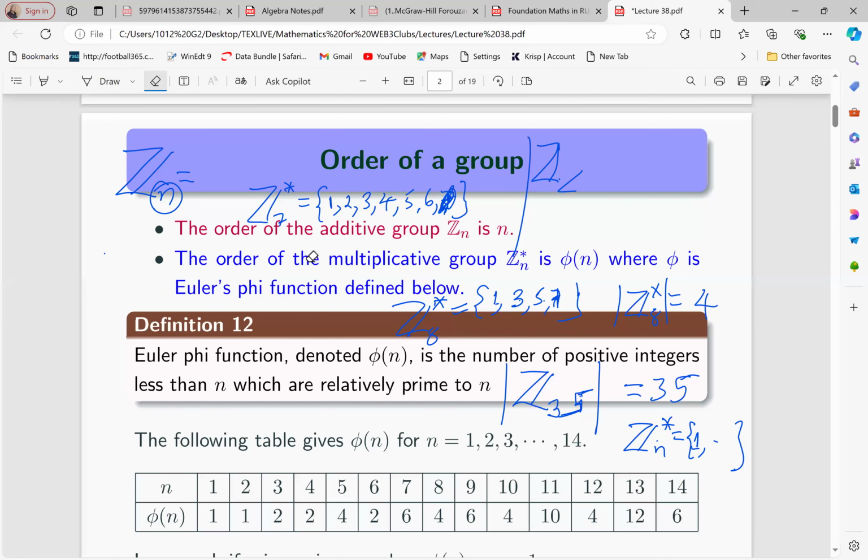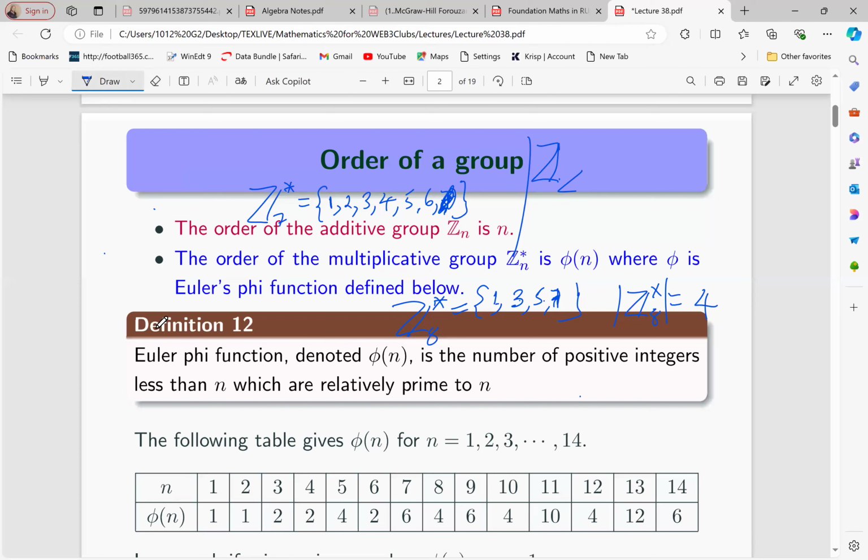One, we've said the elements of this group should be those which are relatively prime to n. Now, if n is a prime number, for instance, this 7 is a prime number, the order will be p minus 1.